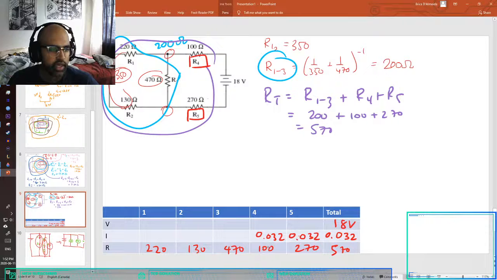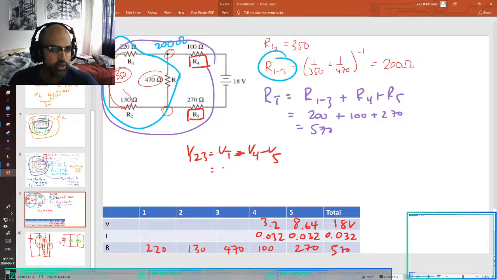Voltage is the current times the resistance, IR. So this one is 100, so 3.2 volts for this. And this one I gotta calculate, 0.032 times 270. I'm getting 8.64. So how much voltage is left over for the rest of the circuit? The voltage for 1 to 3 is equal to the total voltage minus the voltage of 4 minus the voltage of 5 because of that series circuit business.